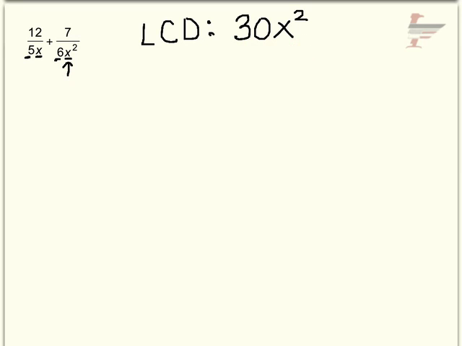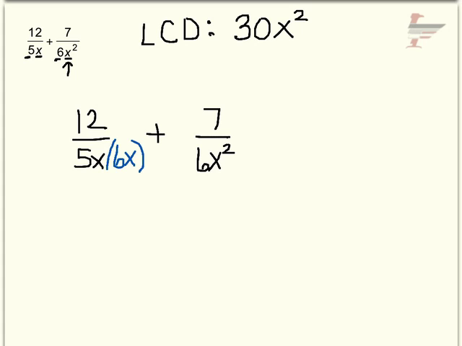Now it's time to adjust my fractions, so I'm just going to rewrite this with a little bit of space in between. So if I want to make this denominator 30x squared, I'm going to have to multiply by a 6 and an x, and notice that would be 30x squared. So I have to multiply the top also by a 6 and an x.